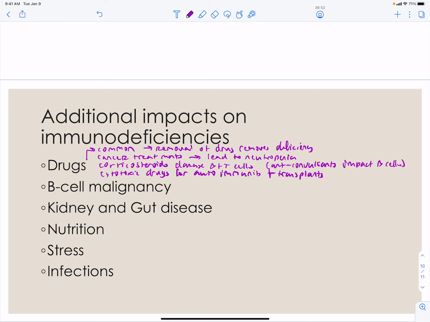B cell malignancies are where you have a large amount of monoclonal antibodies made. And these are referred to as paraproteins.